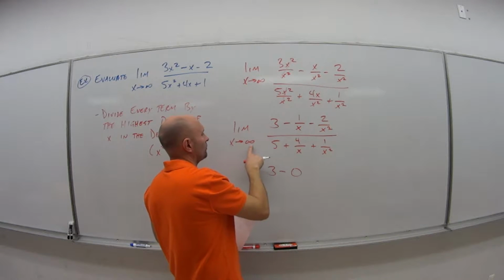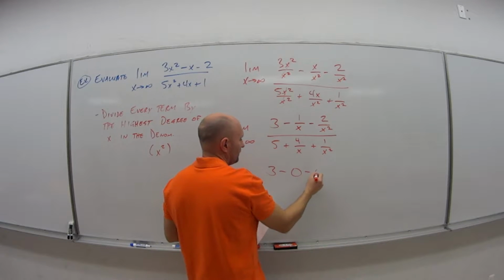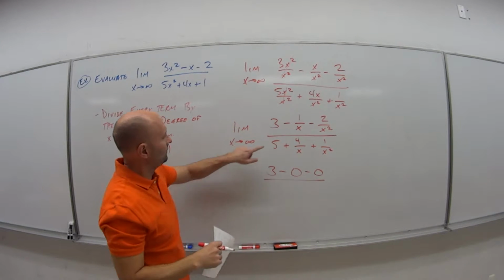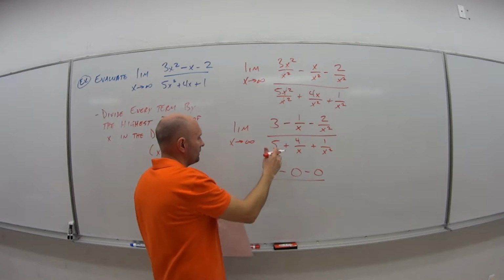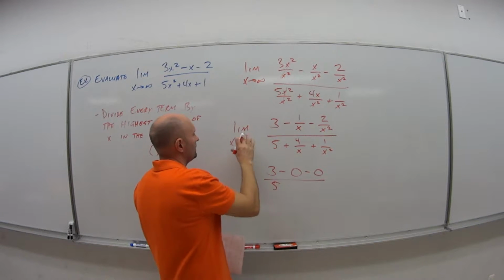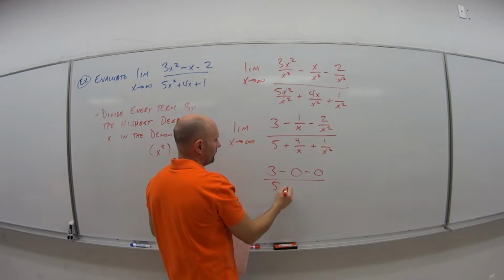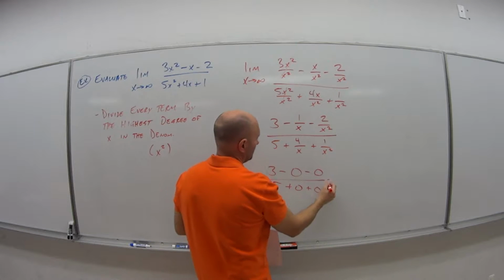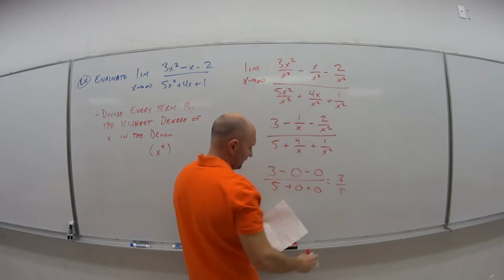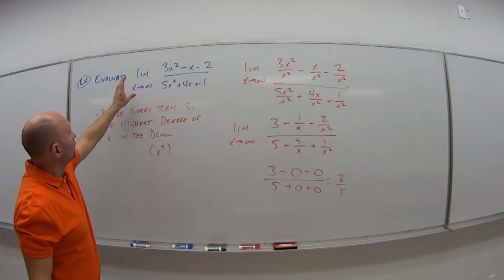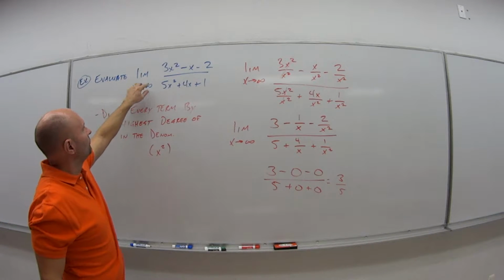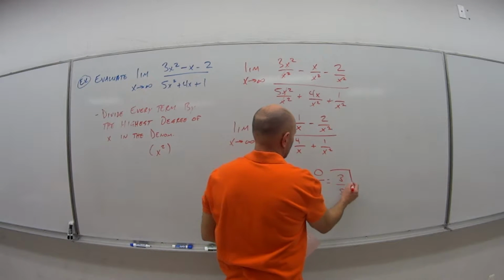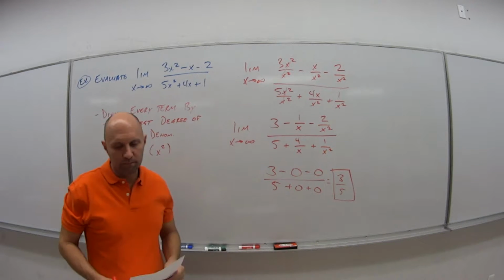And the limit as x goes to infinity of 2 over x squared is also 0. The limit of a constant is that constant, 5. The limit of 4 over x is 0, and again 0, so I end up with 3/5. So the limit as x goes to infinity of this rational function is 3/5.